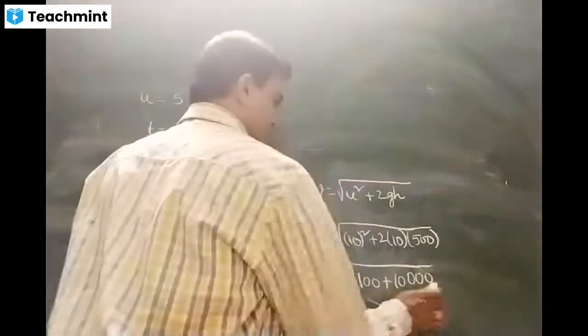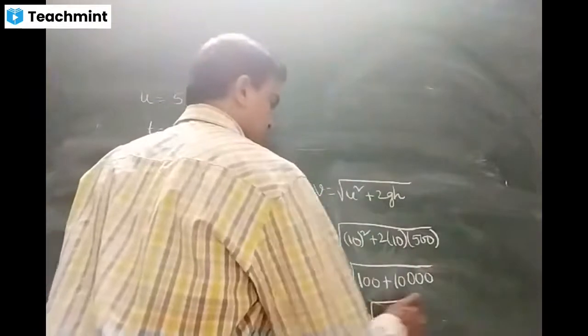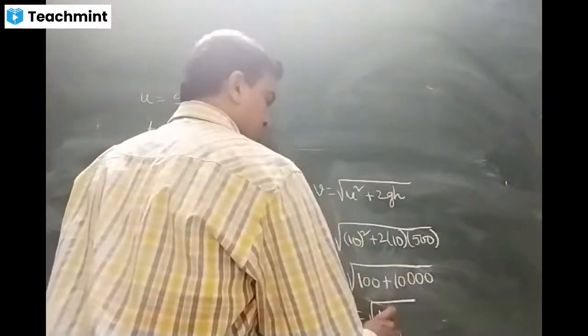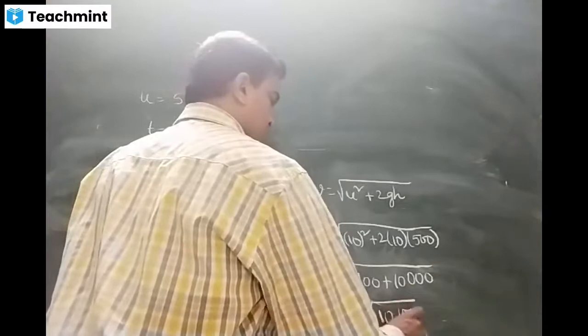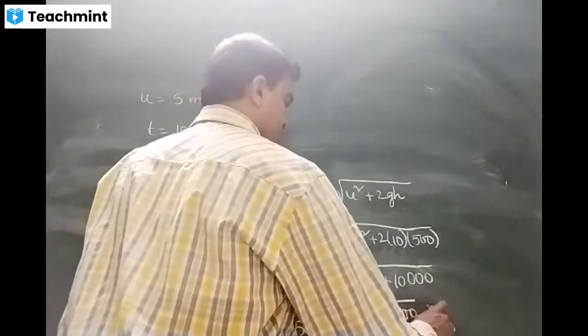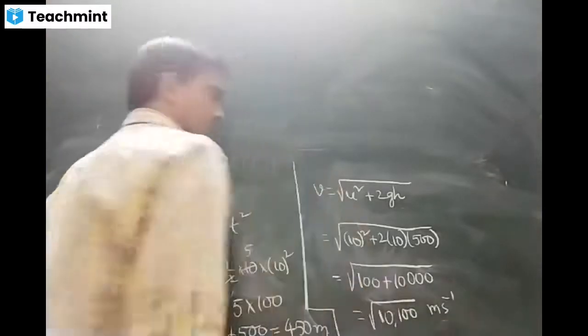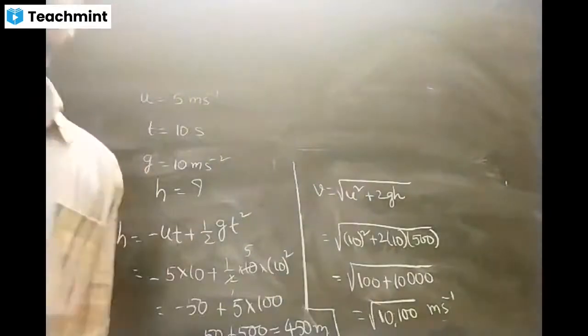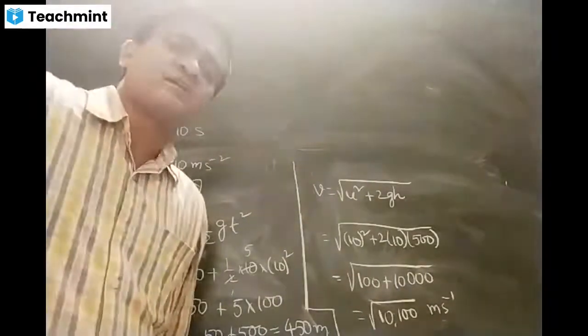So this is 100 into root 11, 1100 meter per second? I don't know what that value is. So 10,100 meter per second.